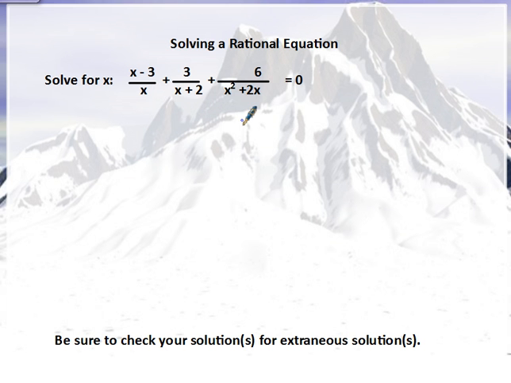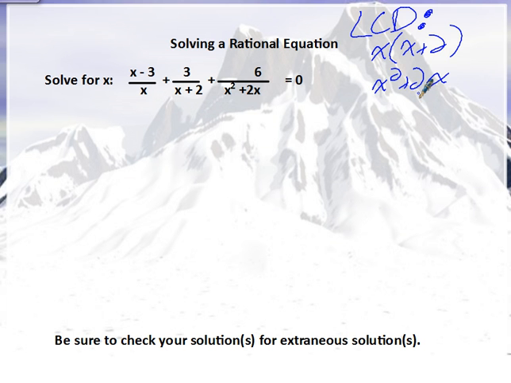That's a theme you're going to see over and over and over again, that two of the denominators, when you multiply them, give you the third. All right? So that's something that's going to happen often. So my least common denominator obviously has to be the biggest one. So it would be x times x plus 2 or x squared plus 2x. Those two are equal.